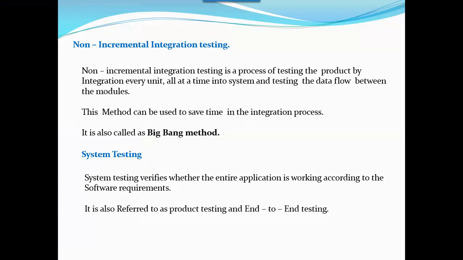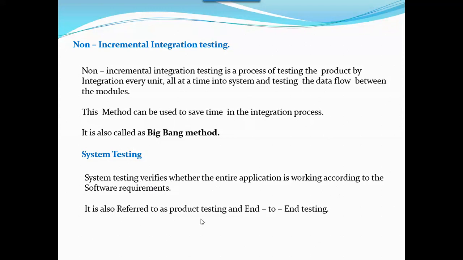But what is system testing? System means we need to check the entire application. System testing verifies whether the entire application is working according to the software requirements or not.